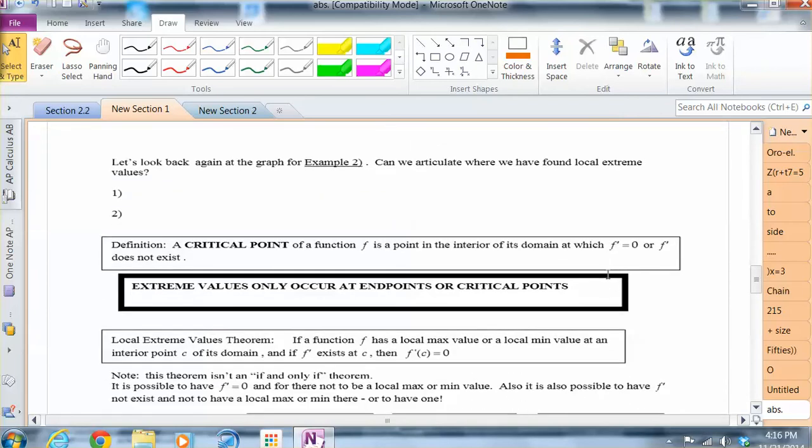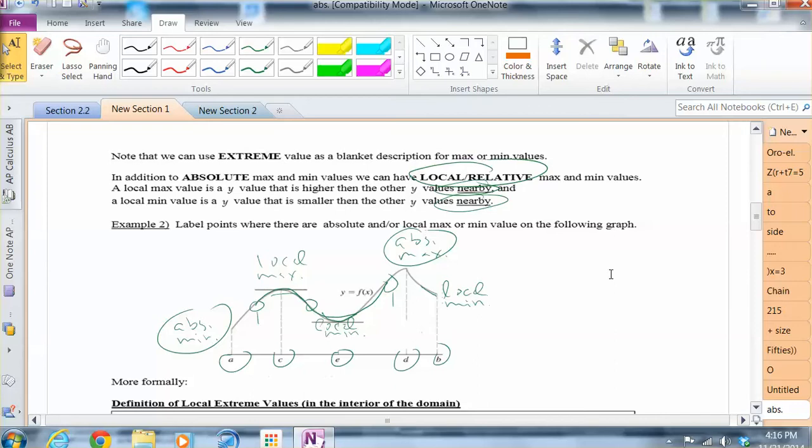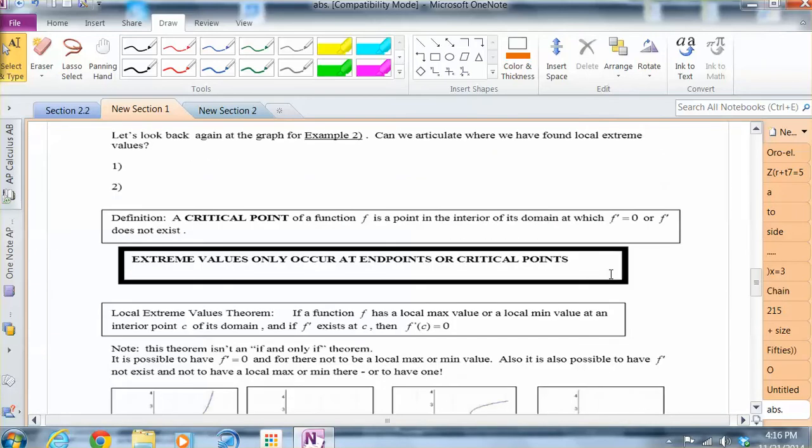So looking back at the graph for example 2, here's the graph for example 2. We found that we had local extreme values when there was an endpoint, and also when the derivative equaled 0, or if our derivative was undefined.